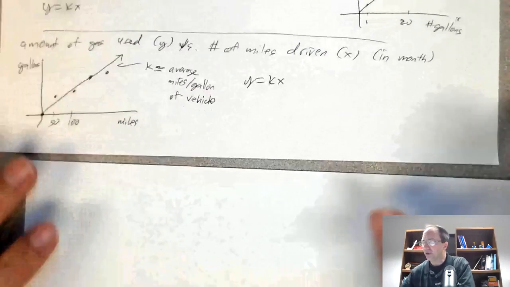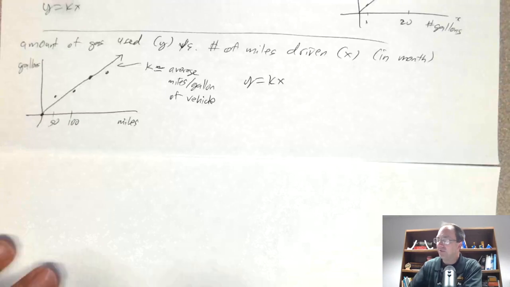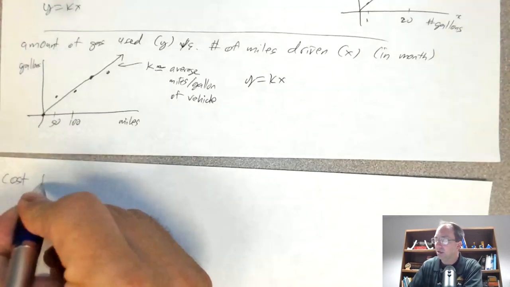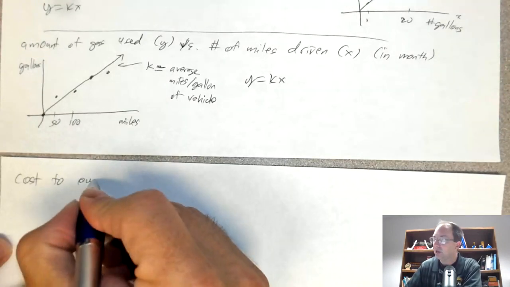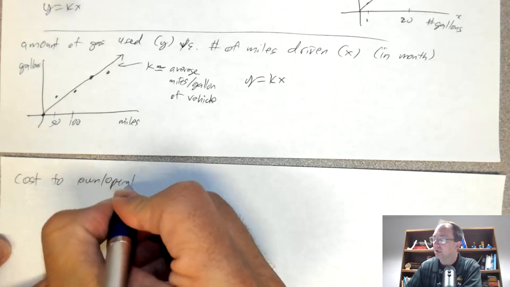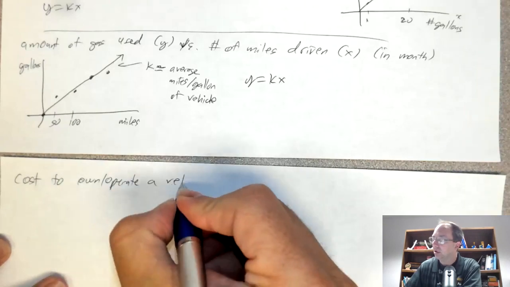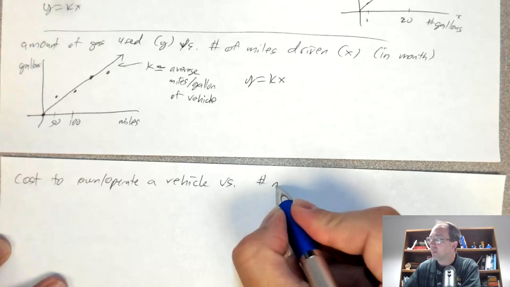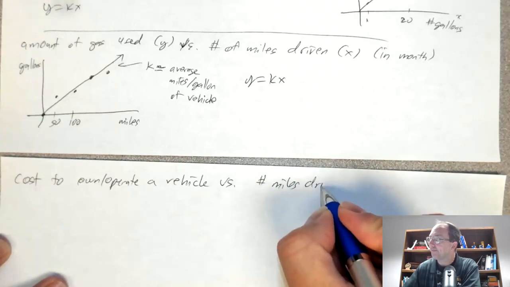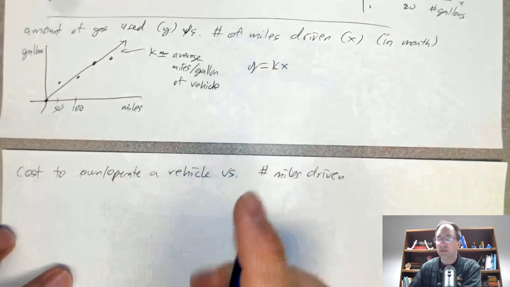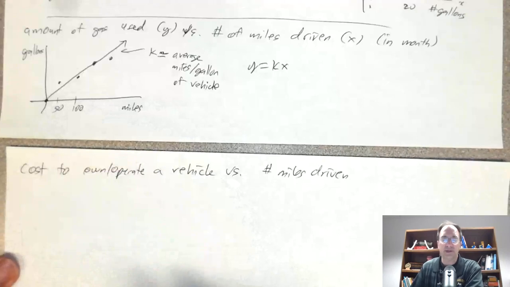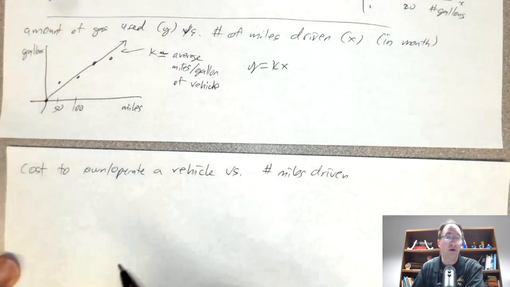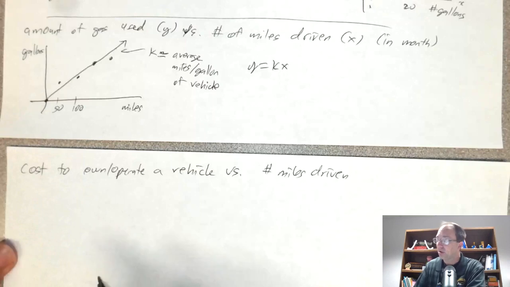Let's try another situation, though. What if we have the cost to own and operate a vehicle versus the number of miles driven? So this is a little bit different than the last situation, because now we have more variables involved.